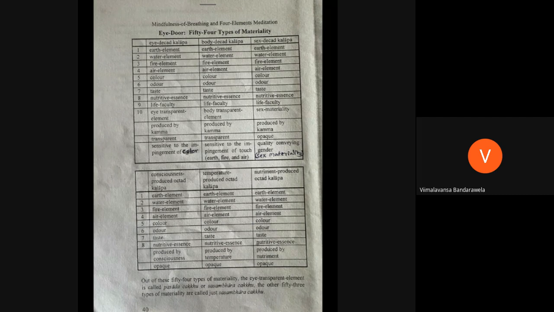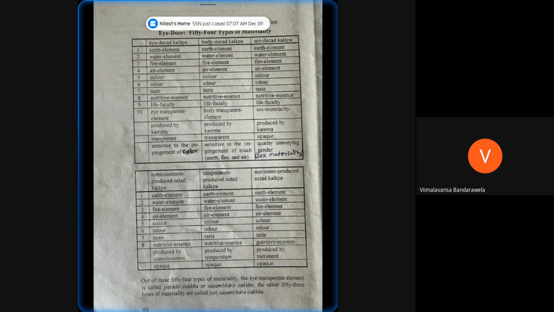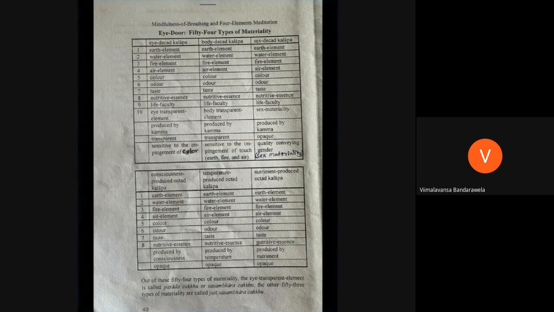So before you practice the vipassana, you need to analyze your 5 aggregates to the ultimate level. Rupa aggregate, your materiality aggregate, and your Vedana aggregate, that is the feeling aggregate, and your Sanya Khanda, that is the perception aggregate, and you have formation aggregate, what is called Sankhara Khanda.